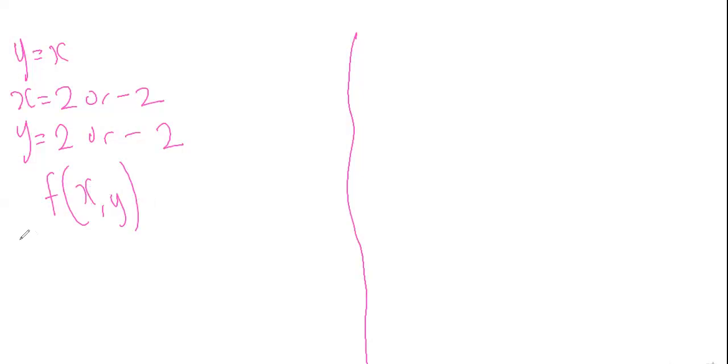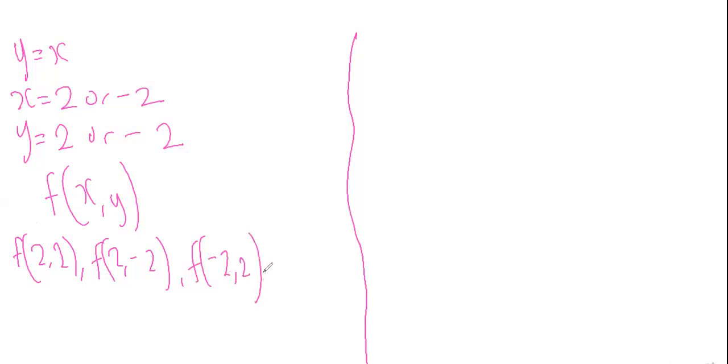The various combinations we can have are f of 2 and 2, f of 2 and minus 2, f of minus 2 and 2, and then f of minus 2 and minus 2.